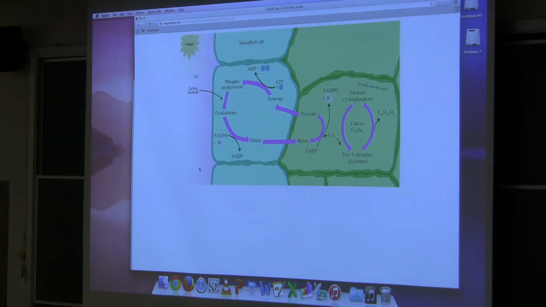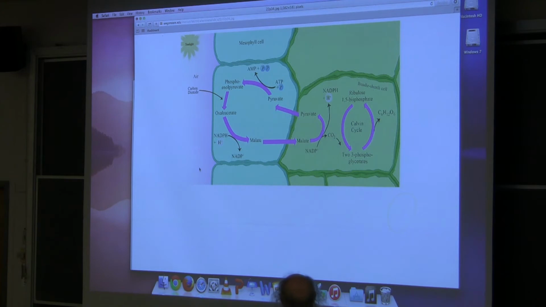A C4 plant produces a 4-carbon intermediate as a result of absorbing carbon dioxide directly. It ultimately will produce 2 molecules of 3-phosphoglycerate as well, but not in the first step. The first step involves something else.